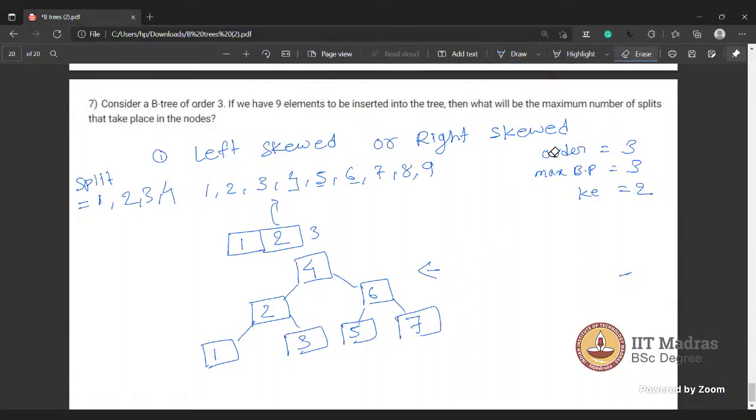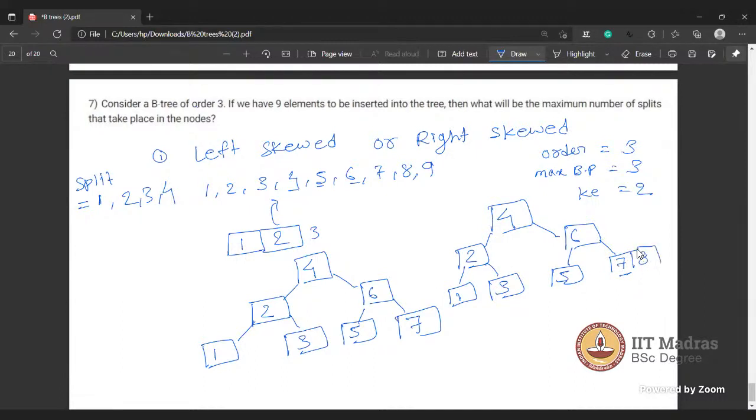So the intermediate will be 4, then 2, then 6, and the leaves 1, 3, 5, 7, 8. You got it? Yes, sir. Okay.